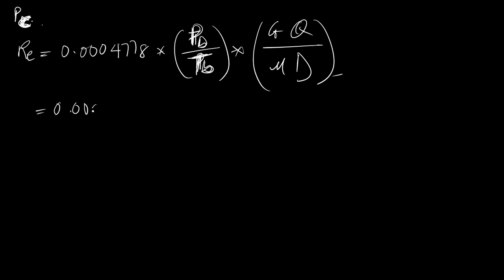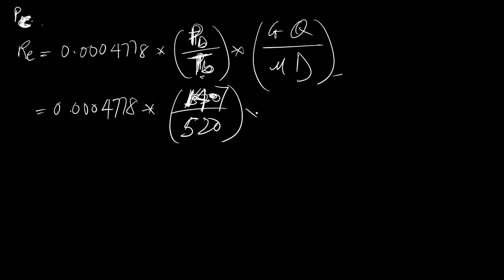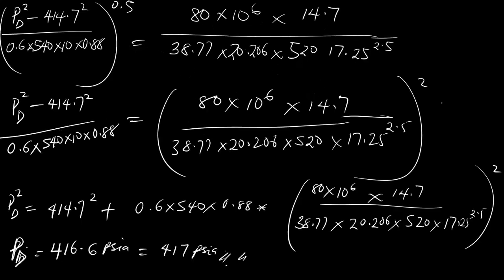So we have 0.004778 times the base pressure, sorry, the base pressure is 14.7, the base temperature is 520, times G, which is 0.6, times the flow rate at CD.